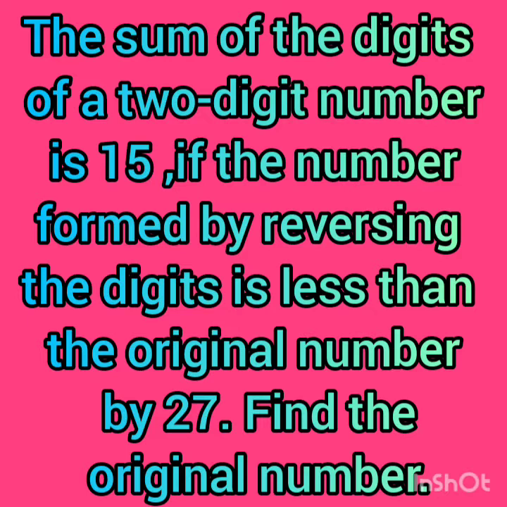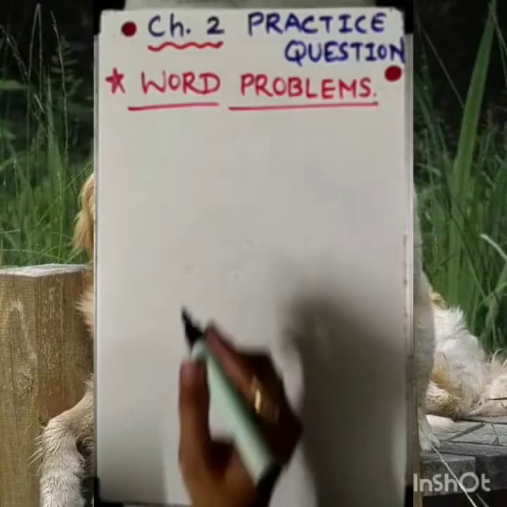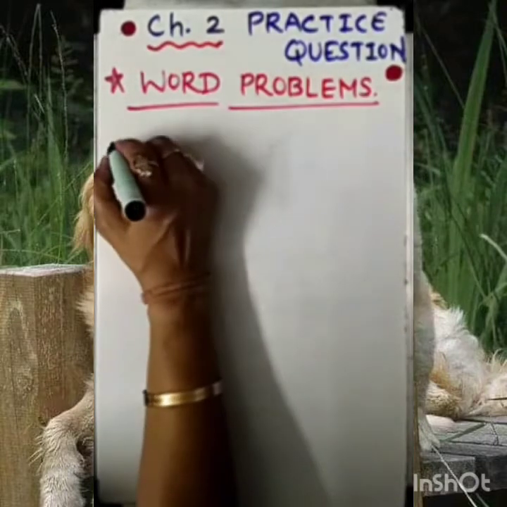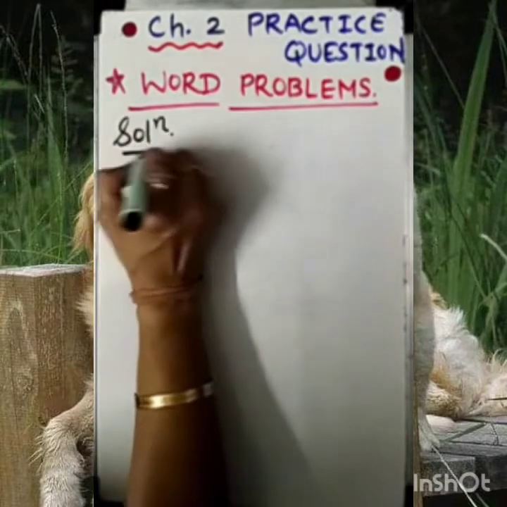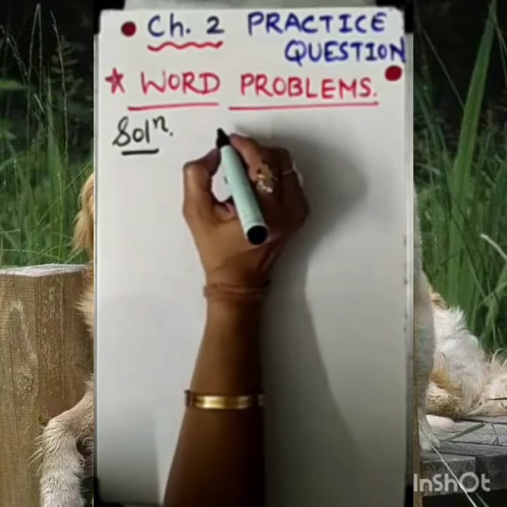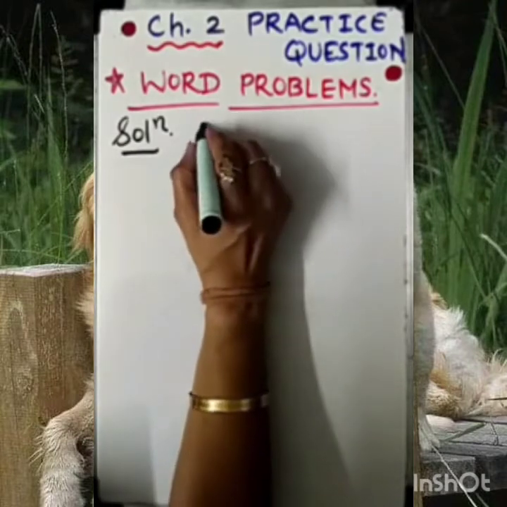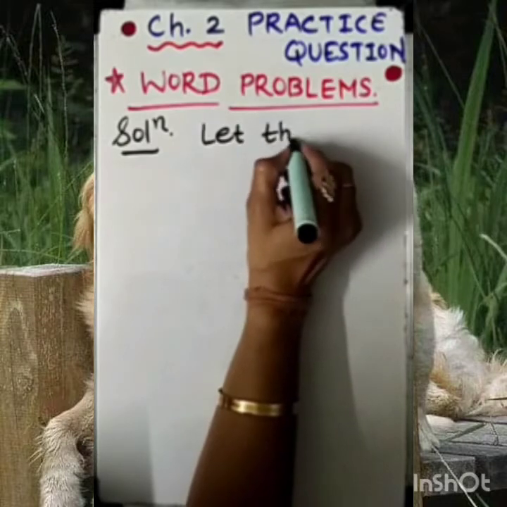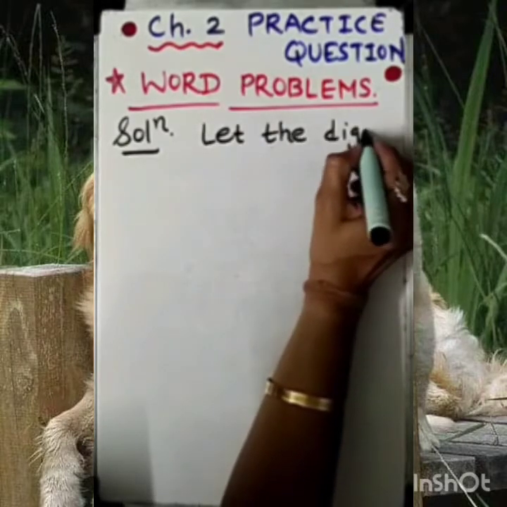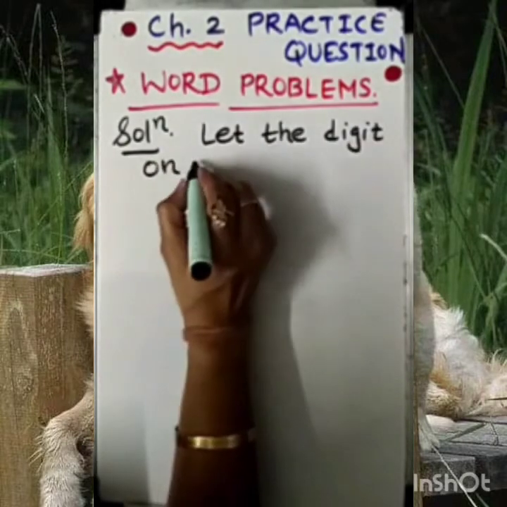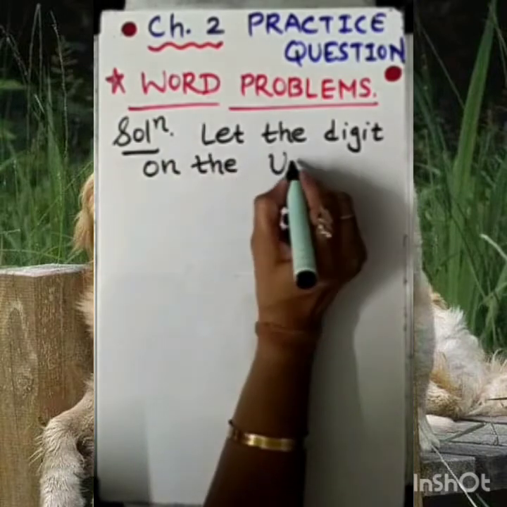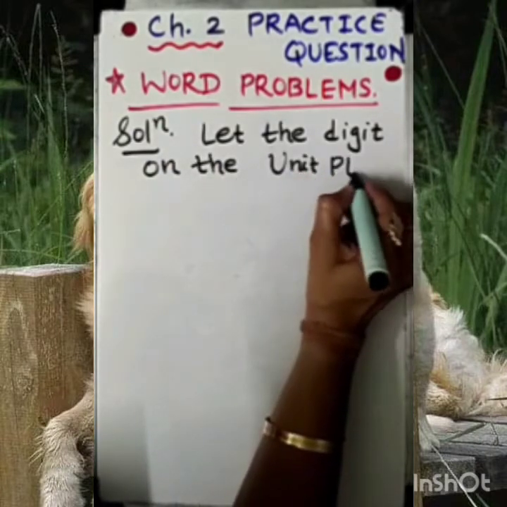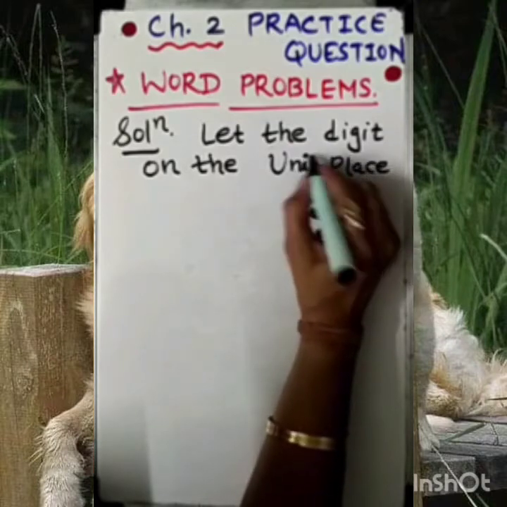Okay, we do not know which is the unit place digit and which is the tens place digit. So in such a case, what are we going to do? Let's do the solution here now. The solution for this question: we need to write, let the digit on the unit place be x.